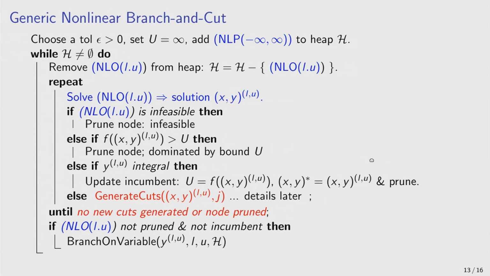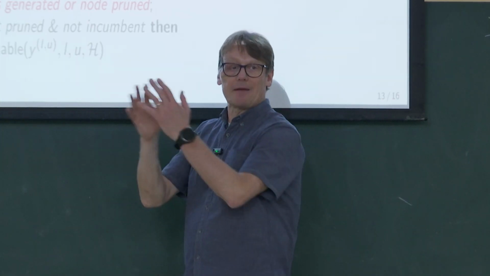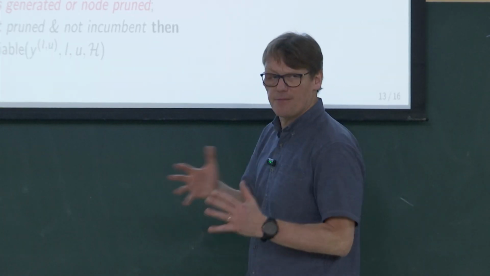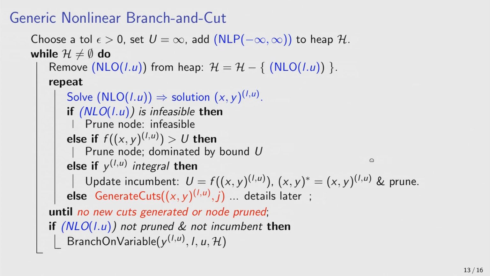Okay, and if this problem that I solved there is infeasible, if there's no feasible solution, then if I add more cuts or branch on it, I will add more constraints. I will just make it more infeasible, if this were possible. So if it's infeasible, then I can prune the node, declare it infeasible. I never need to look at this node again.